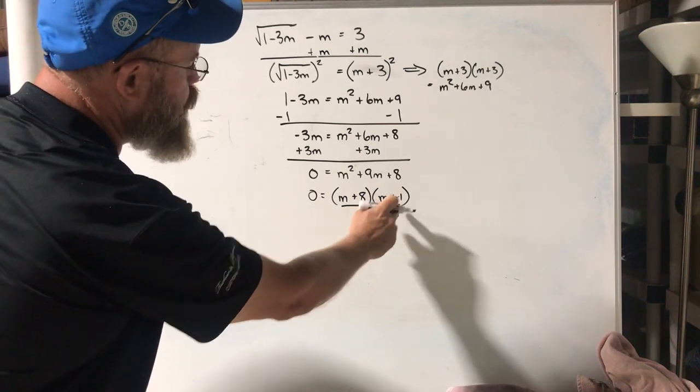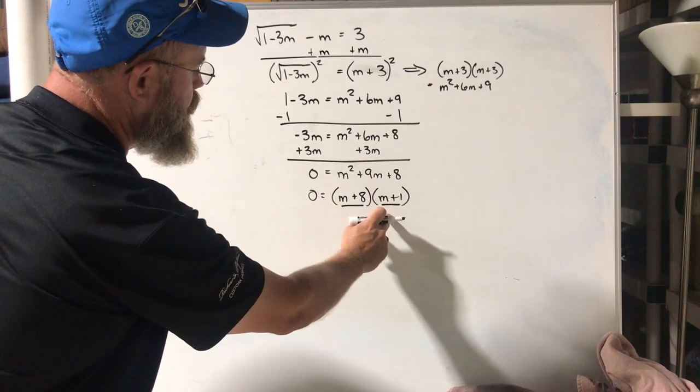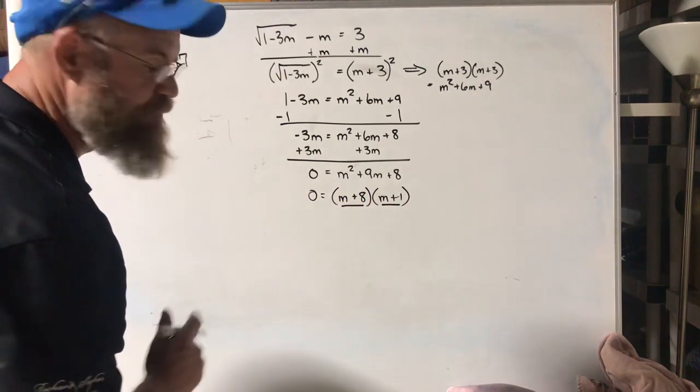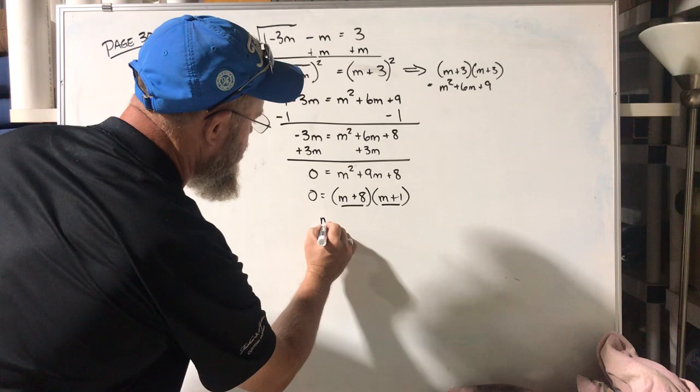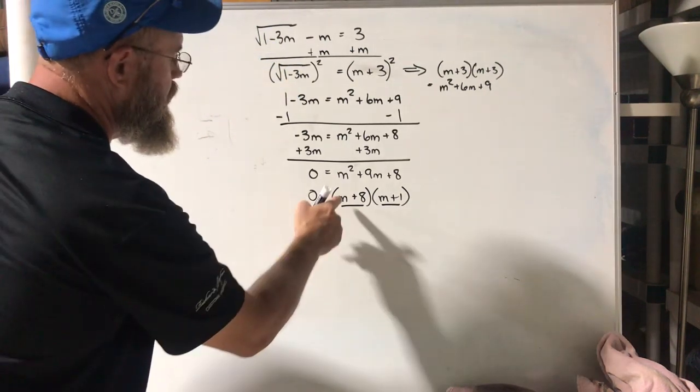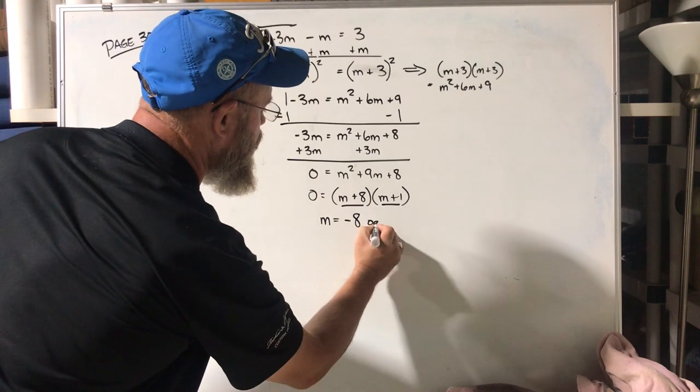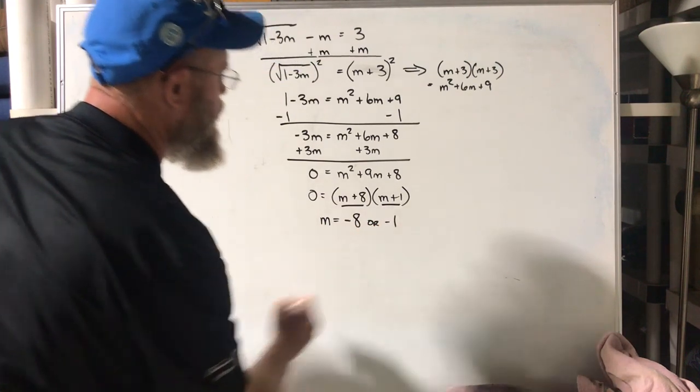And if m plus 1 is 0, then 0 times m plus 8 is going to be 0. So m equals either -8 or -1.